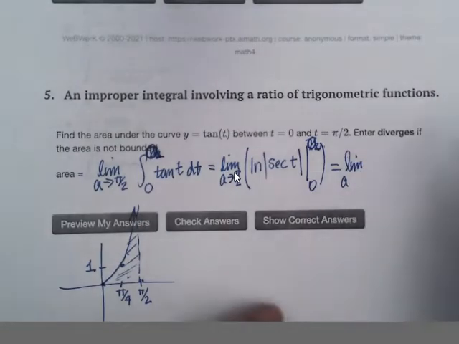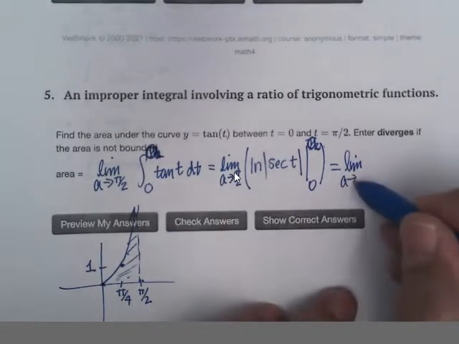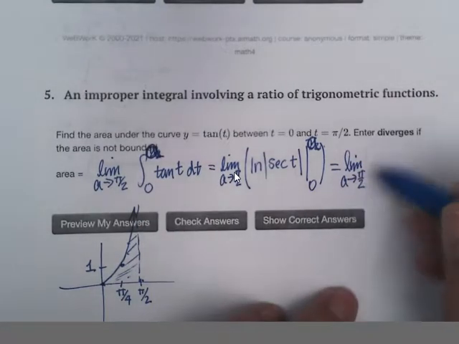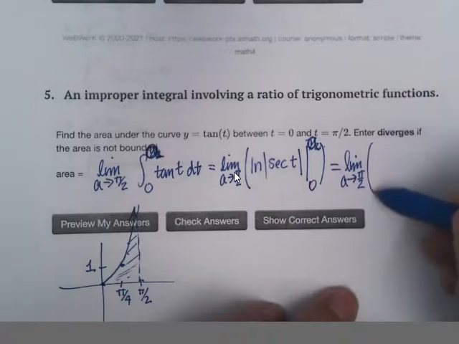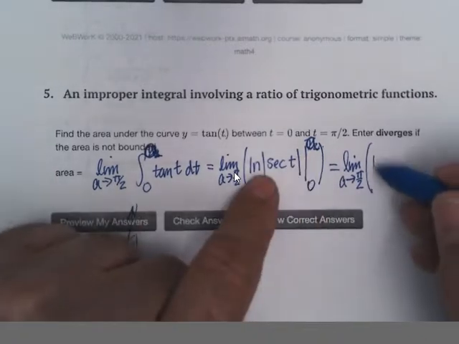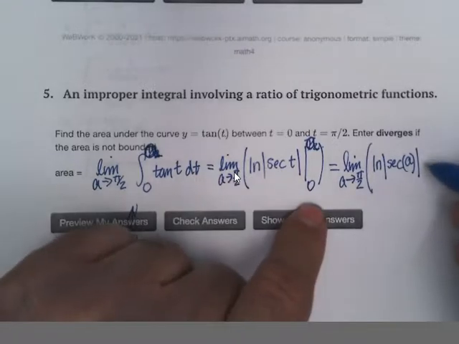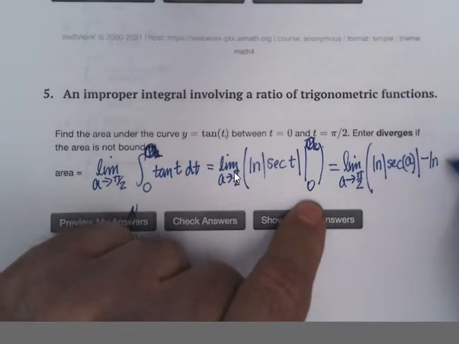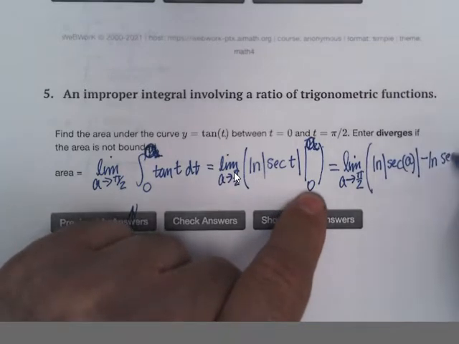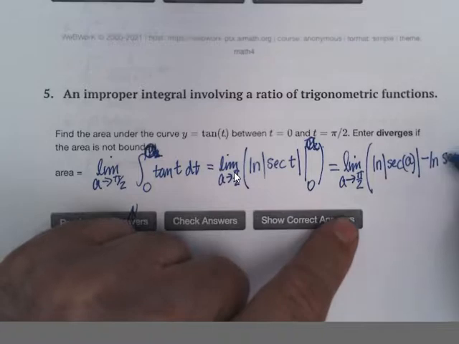So as a approaches pi over 2, we're going to put a into this, and we're going to get ln secant of a minus ln secant of 0.